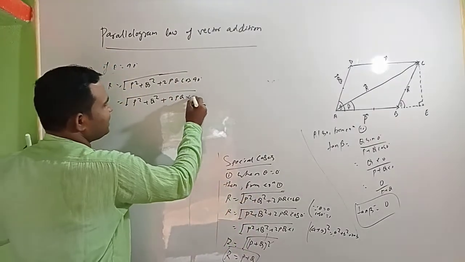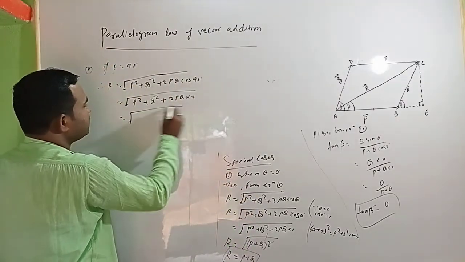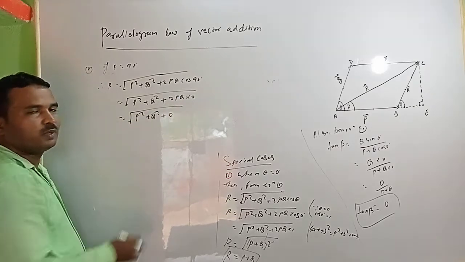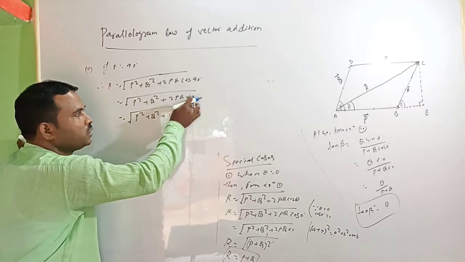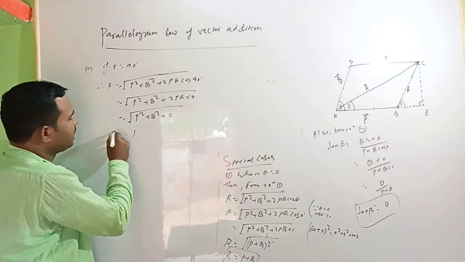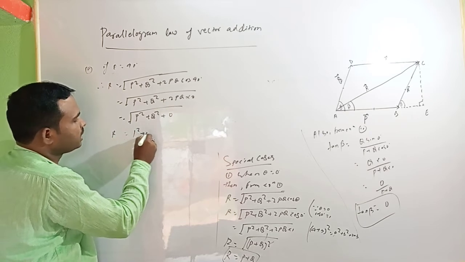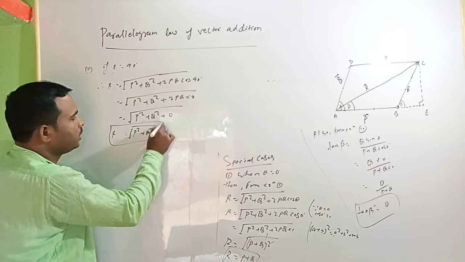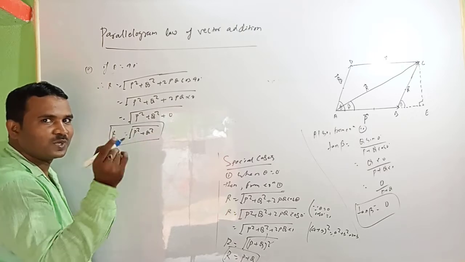So here it will be 0. It means p square plus q square plus 0, because if you multiply 2pq with 0, that will be 0. Finally you have r equal to the root of p square plus q square.